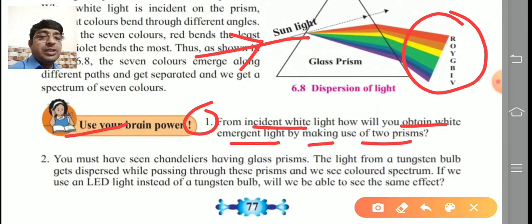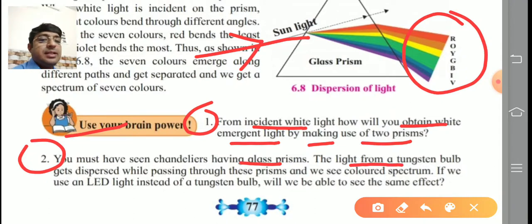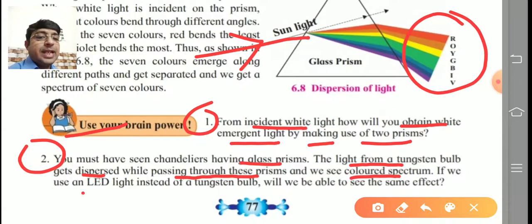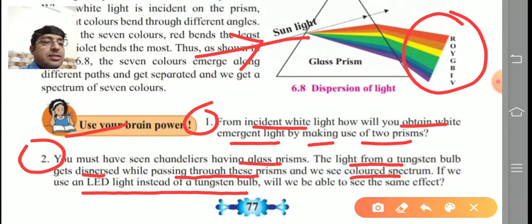And the second question given here: you must have seen a chandelier having a glass prism. The light from a tungsten bulb gets dispersed while passing through this prism, and we see the colored spectrum. If we use LED light instead of this tungsten bulb, will we be able to see the same effect?